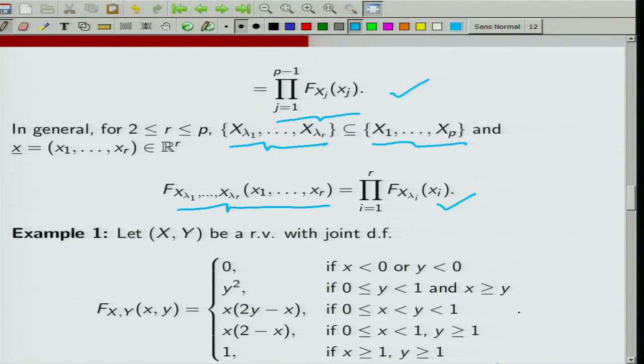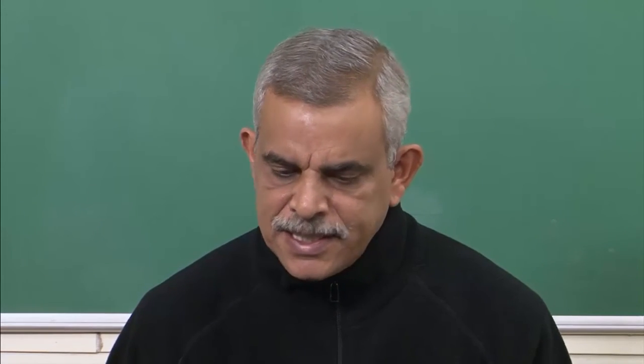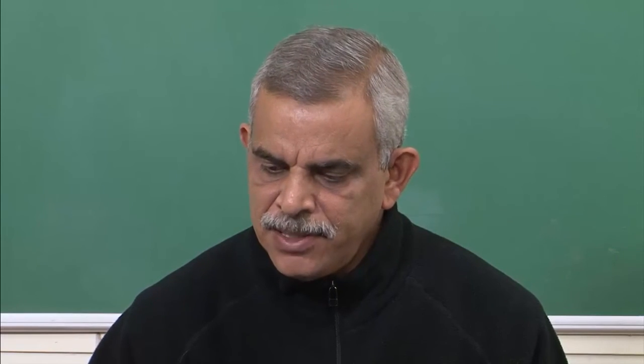So, this result simplifies our life for checking the independence of random variables. What it says is: you look at the complete set. If the joint distribution function is the same as the product of marginals, then you can easily conclude that x1, x2, ..., xp are independent. To see this, let us look at this example.